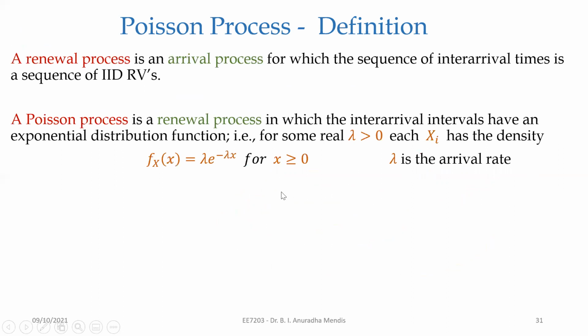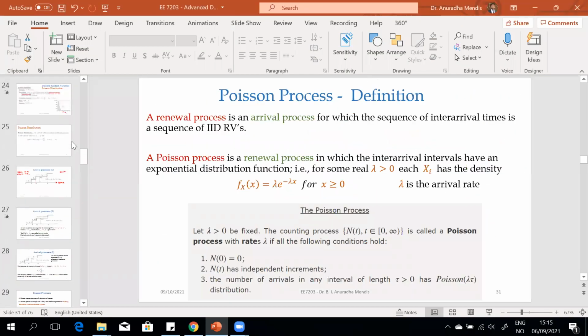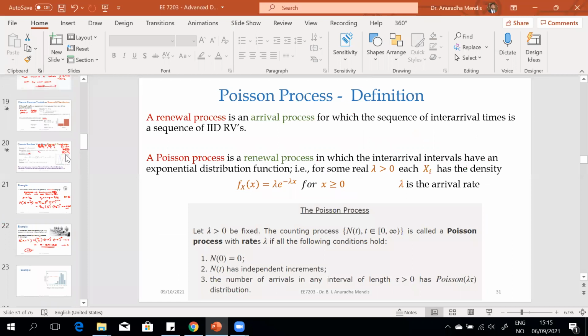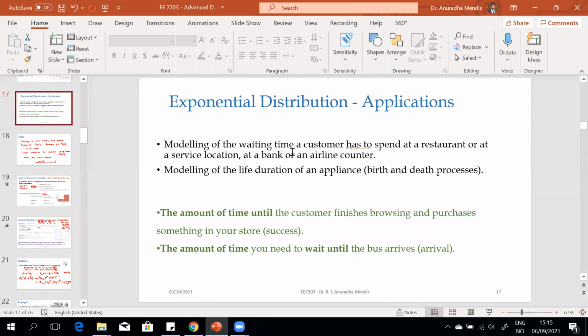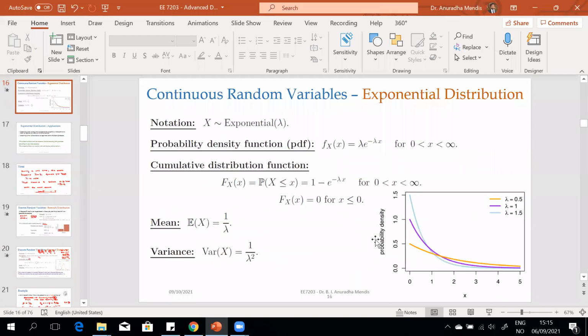Now remember, we learned about the exponential distribution. If I go to that slide, the exponential distribution has the probability density lambda times e to the power minus lambda x. This type of PDF we call an exponential distribution.